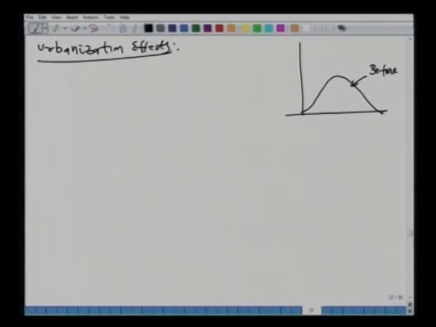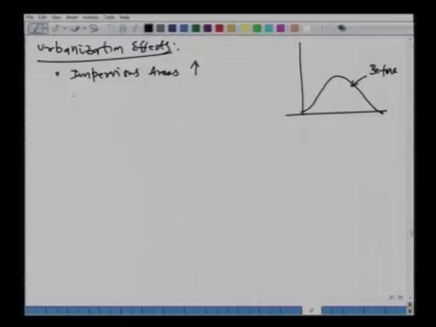Okay. Now, during the urbanization process, what happens is the impervious areas increase. Okay. Due to the industrial activity or the economic development, you will have a lot of impervious area coming up. So, the fraction impervious will increase.